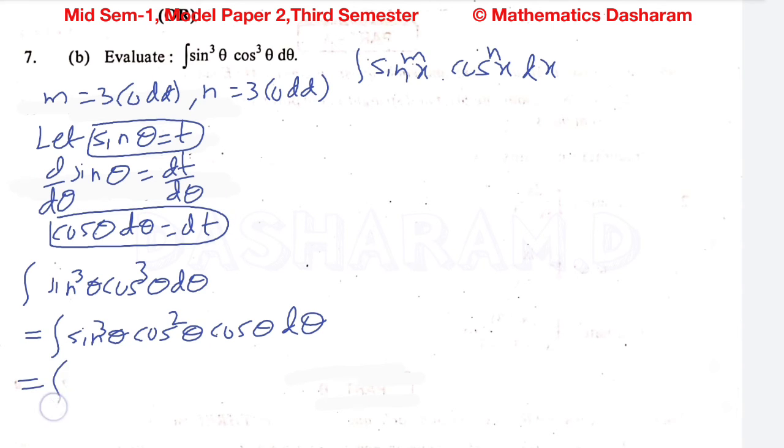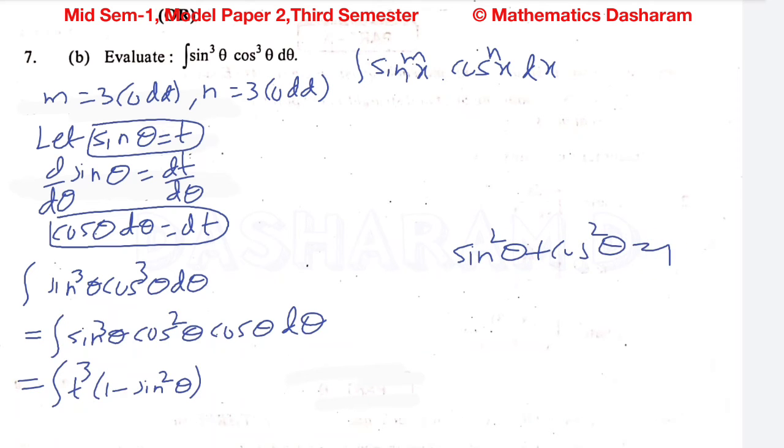Here sine cube theta means t cube. Cos square theta can be written as 1 minus sine square theta, because one of the identities is sine square theta plus cos square theta equals 1. So from this we can write cos square theta as 1 minus sine square theta. So into cos theta d theta, the value is how much? Dt.